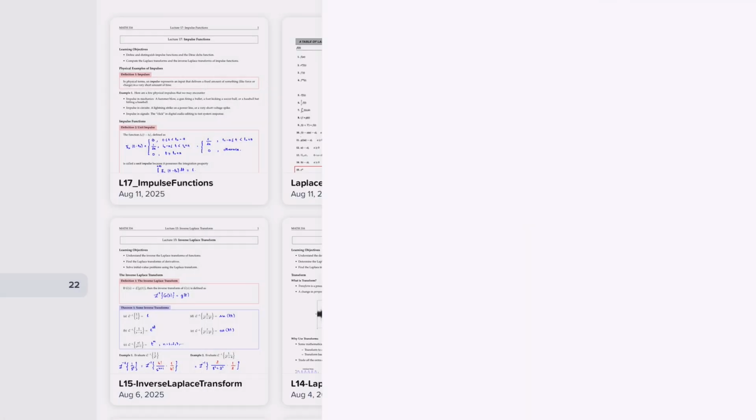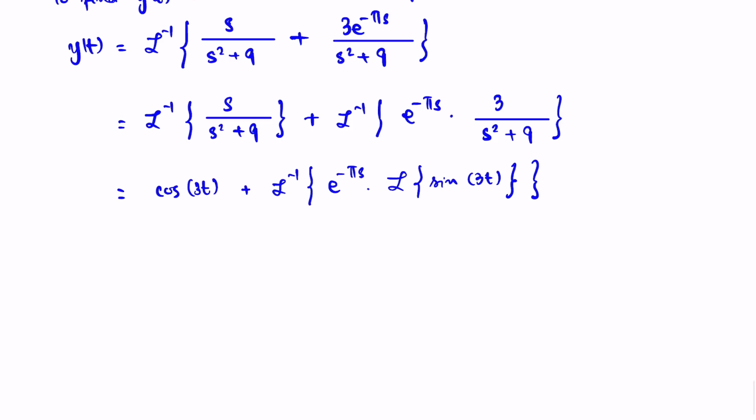Let's go back to here. So therefore, this is sine of 3t. And when you apply the inverse Laplace transform, you're going to have u of t minus pi. So the shift, or the value of c, is equal to pi. Therefore, you have u of t minus pi times sine of 3 times t minus pi. So that's the solution that you're going to get.